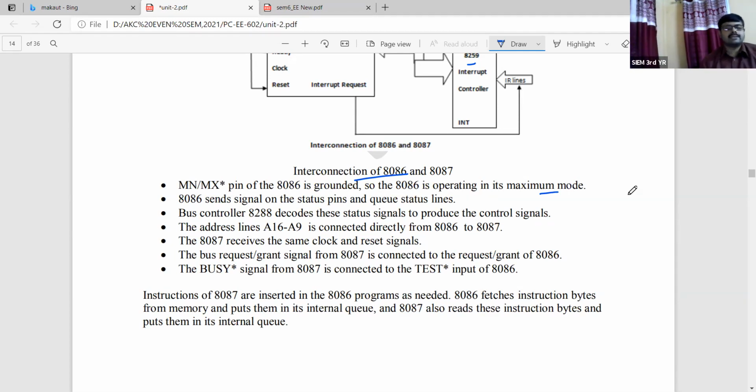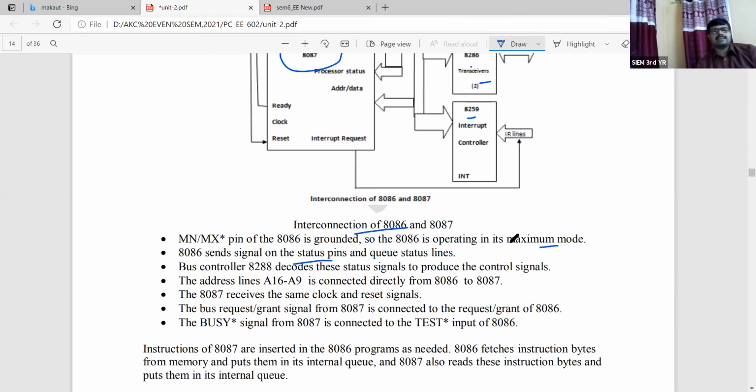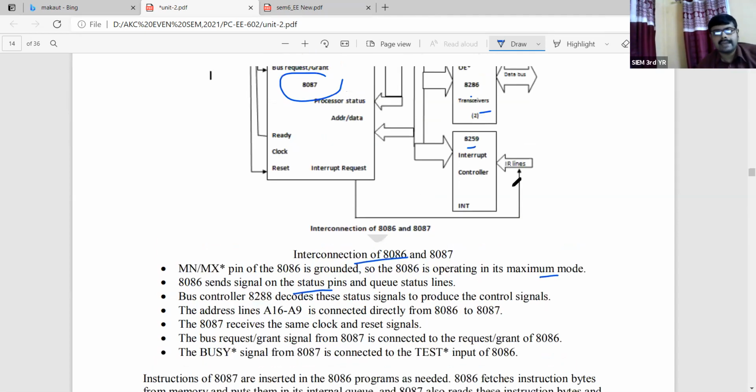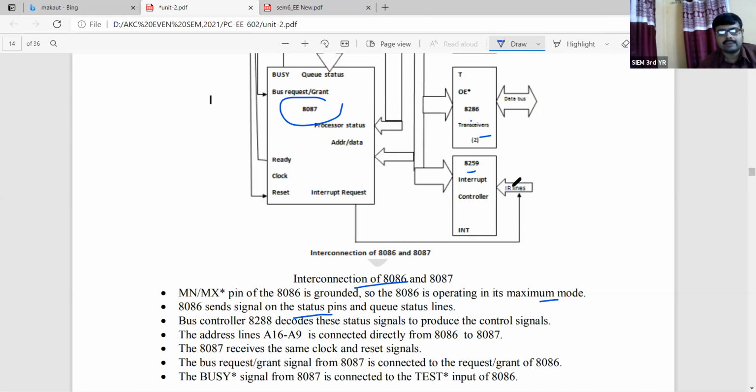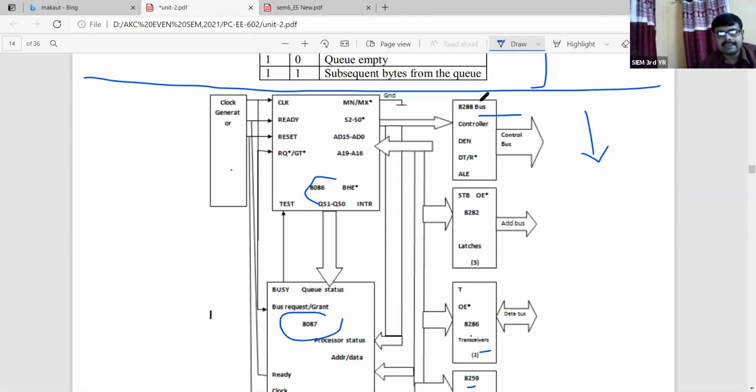Point number 2, the 8086 sends signals on the status pins and the Q status lines. Without the status signals as well as the Q status lines, we cannot proceed further. Point number 3, the bus controller 8288. At the top of this particular configuration we have mentioned the 8288 bus controller.